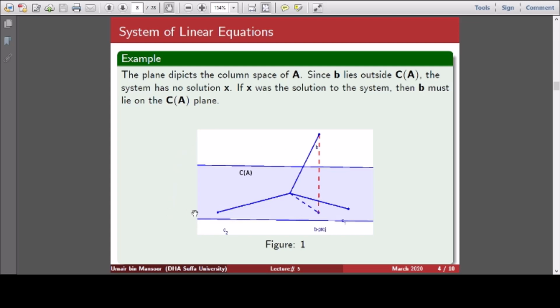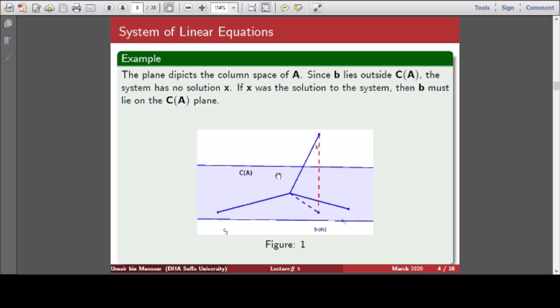So if we have a solution, that means all the three equations intersect at a unique point, then the B that is produced is also in the column space.